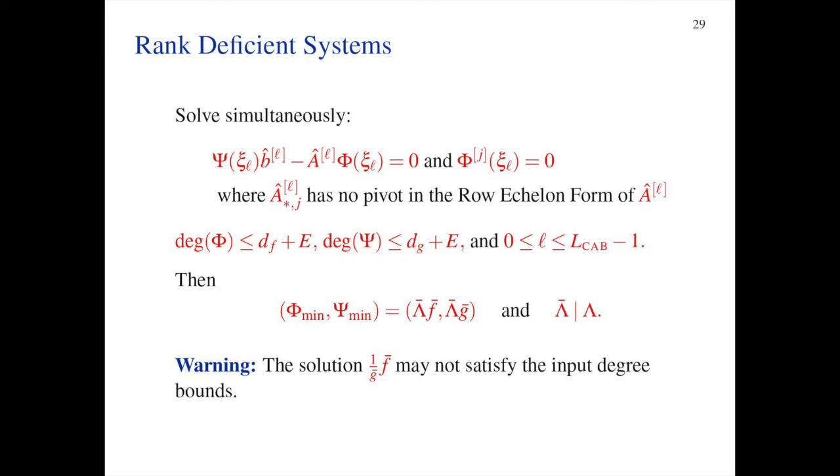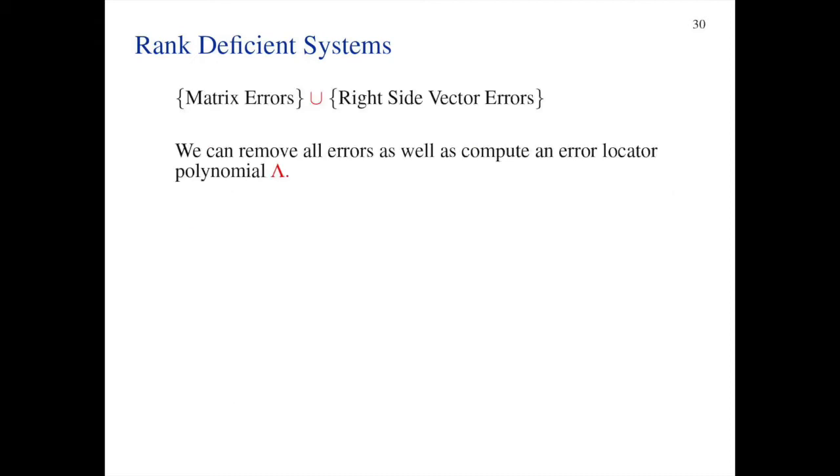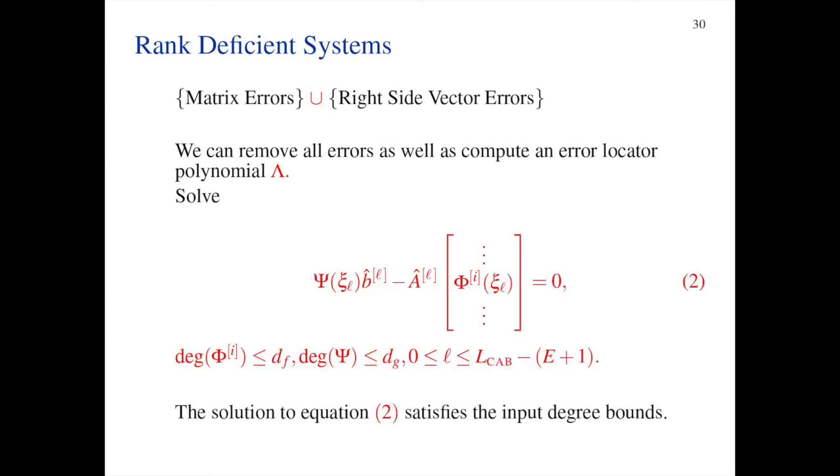And okay, so anyway, you remove all of the matrix errors, right? And then what you can show is that you only have two types of errors: matrix errors or right side vector errors. But the right side vector errors are exactly those errors that you get when the system was full rank.